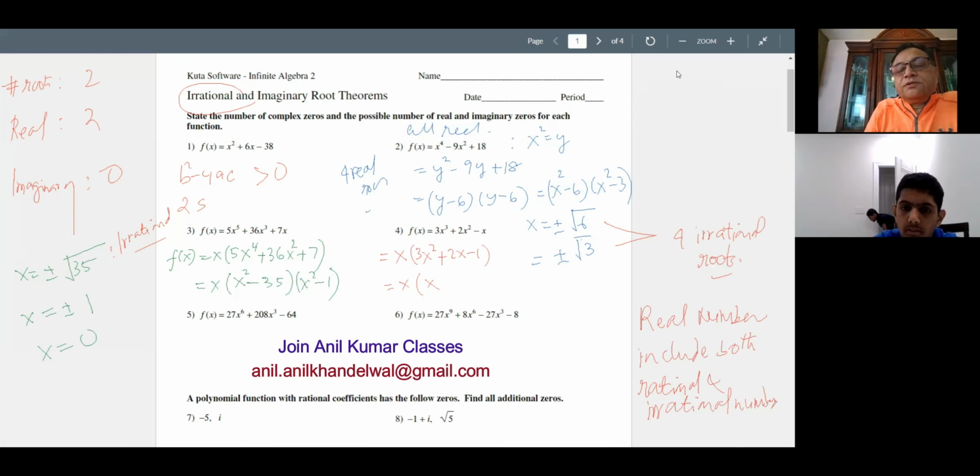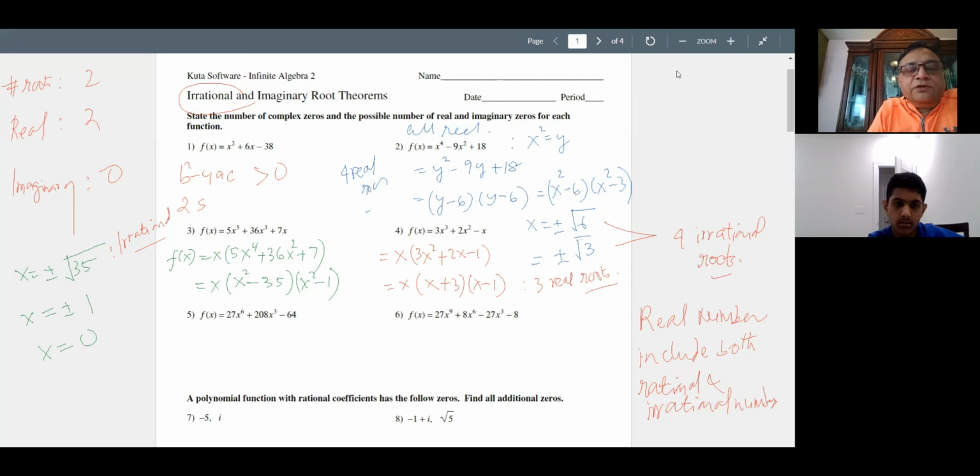So plus 3 and minus. 3 real roots. Question number 5, 3 real roots, correct?